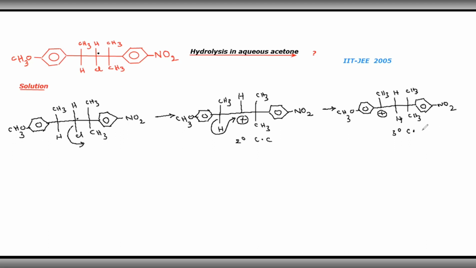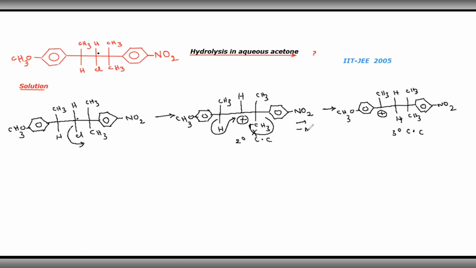This is the rearranged carbocation. But methanide shift is not possible. Why? Because NO2 shows minus M effect.